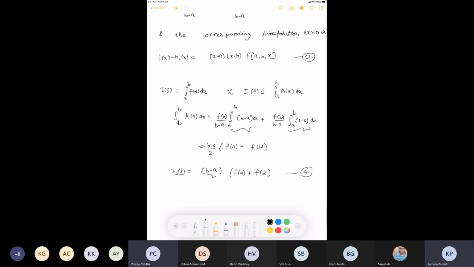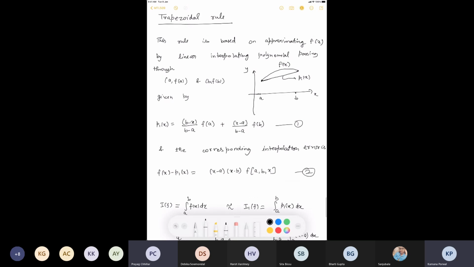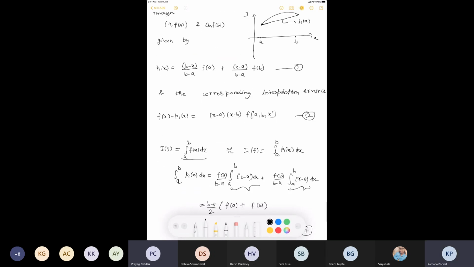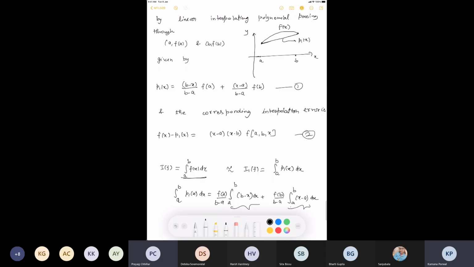Basically, graphically, this integral is nothing but the area under this f(x) between the lines x equal to a and x equal to b, right? So this is the area which we want to find.